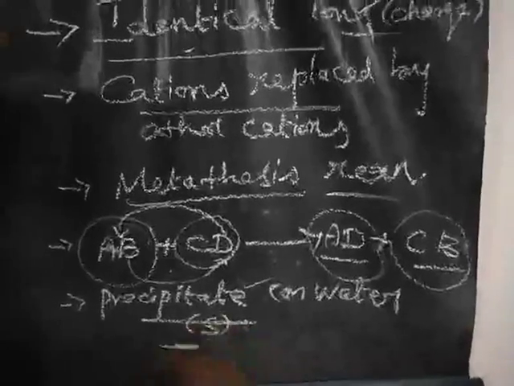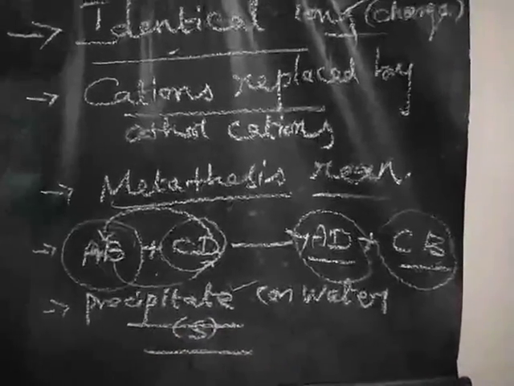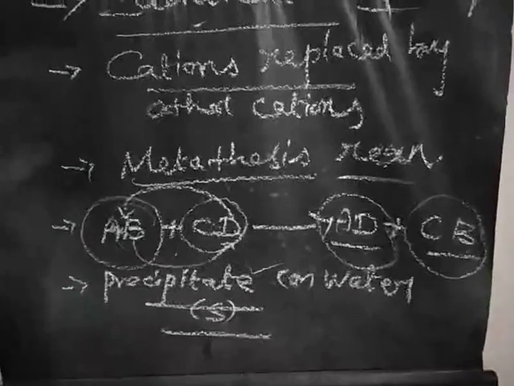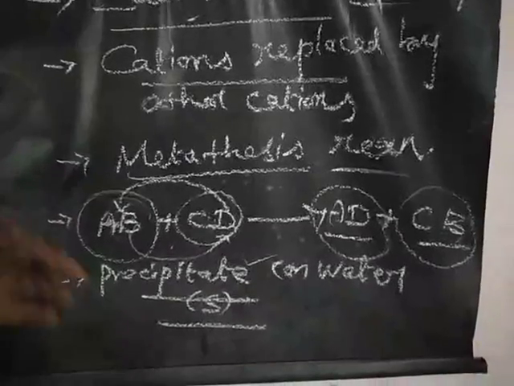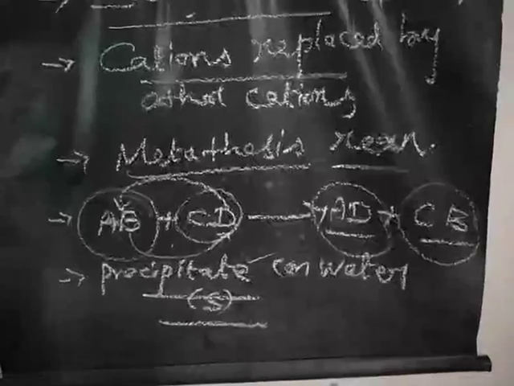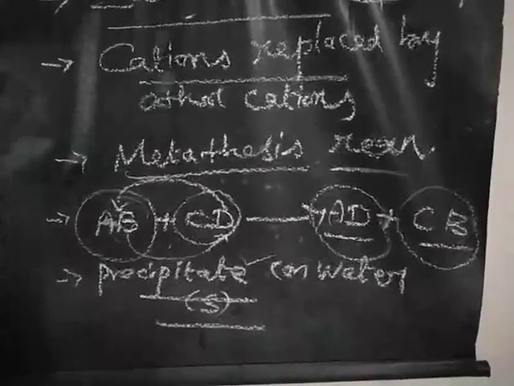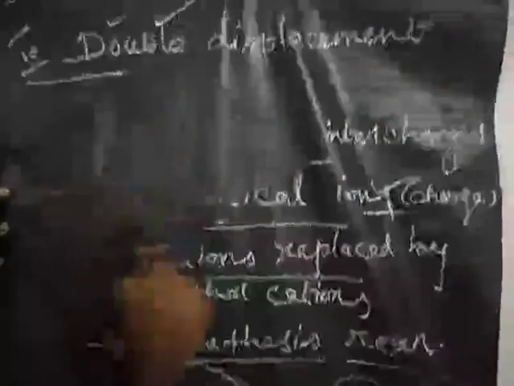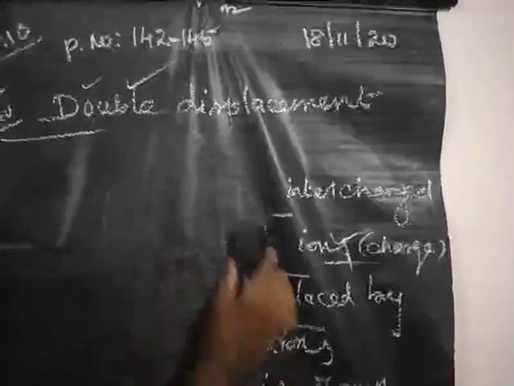Based on the precipitate or water formation, double displacement reactions can be classified into 2 types: one is precipitation reaction, another is neutralization reaction.